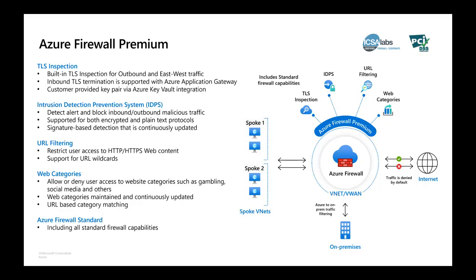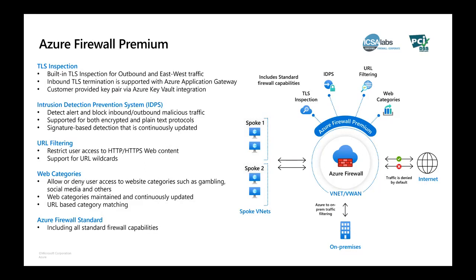Azure Firewall Premium also supports URL filtering. You're able to restrict user access to HTTP and HTTPS web content, and also support URL wildcards. When it comes to web categorization, we're able to allow or deny access to website categories such as gambling, news, social media, and others.